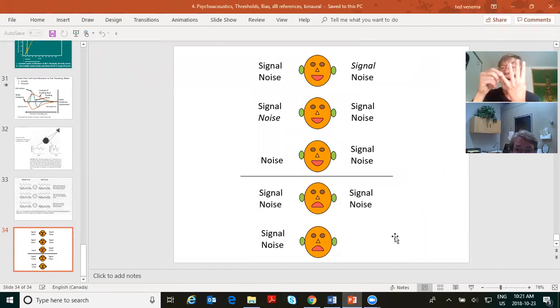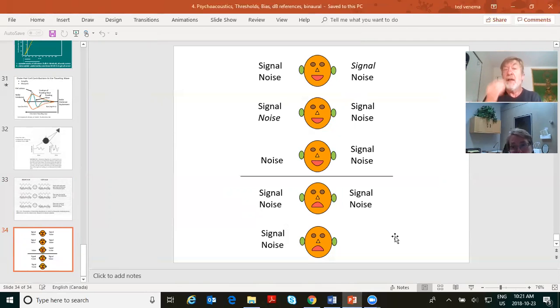I've got the sound I want to hear in my right ear, the sound I want to hear in my left ear, in other words, the signal, the speech, and then I have competing noise in my right ear and competing noise in my left ear. So if you're standing there at a party and you're a yard away from somebody and you want to hear the person who's talking to you, you've got the cocktail effect. You're hearing the person's voice, but you're also hearing the background noise.